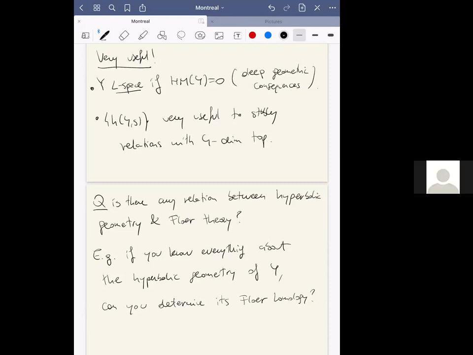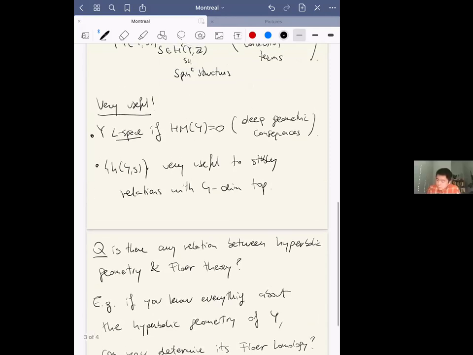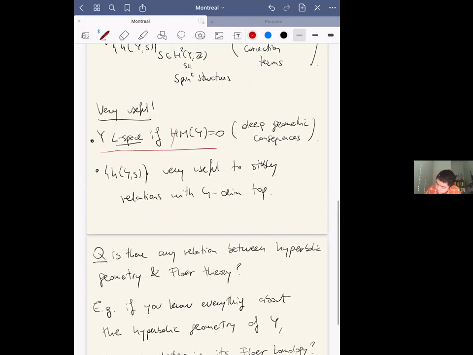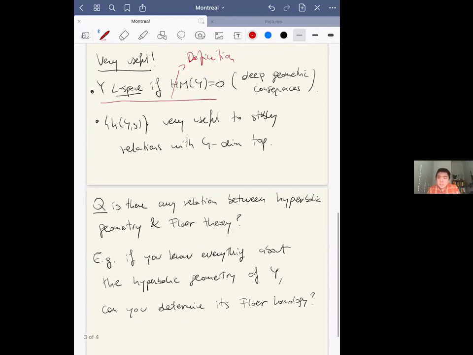I'm just wondering, because you want to relate to Floer theory and HM is related. Sorry, you're trying to generalize that characterization? There's no, this is a definition. I'm not sure which characterization you're talking about. Oh, I'm sorry, just forget the question. Okay, sorry. Any other question?